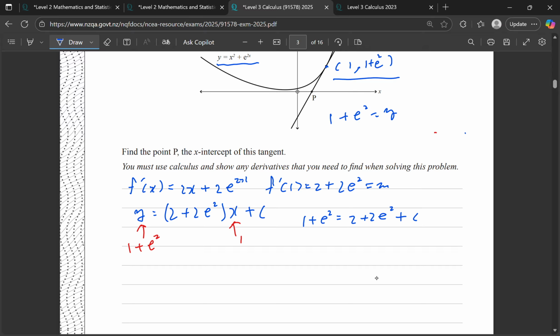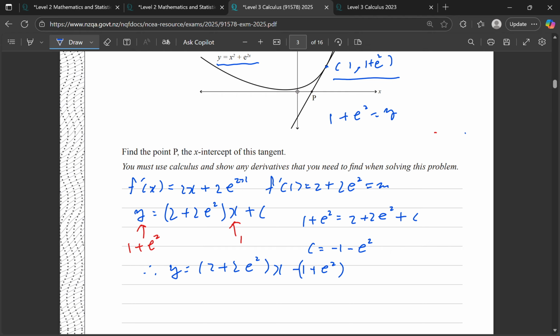So we find the c from this equation. So c equals what? Minus 1 minus e squared, isn't it? So hence the equation is 2 plus 2e squared x minus 1 minus e squared, or I could say minus 1 plus e squared, right?